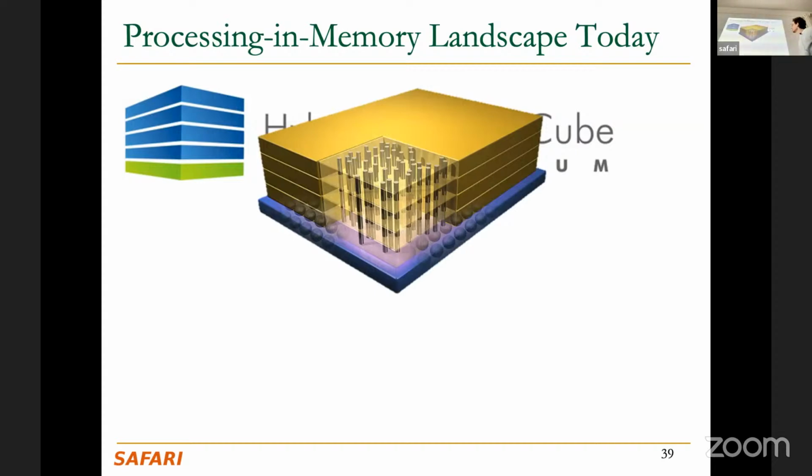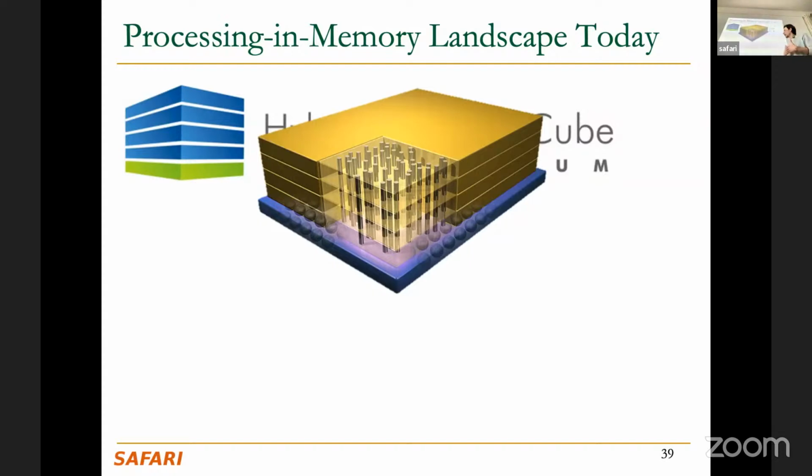These 3D-stacked memories consist of several layers of DRAM, and these layers are connected through vertical connections called through-silicon vias to a logic layer that is here represented by this bluish or purple layer, right? That's a logic layer, it is not made of DRAM, it's made of CMOS logic. And there in the logic layer, we typically find buffers and controllers to access data that resides in the different layers of DRAM at low latency and high bandwidth.